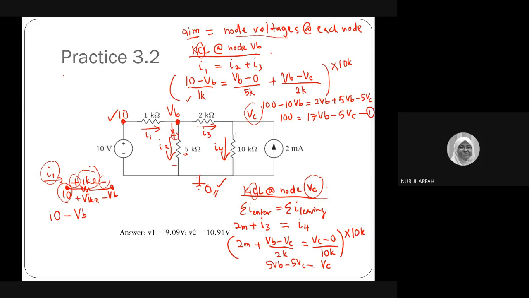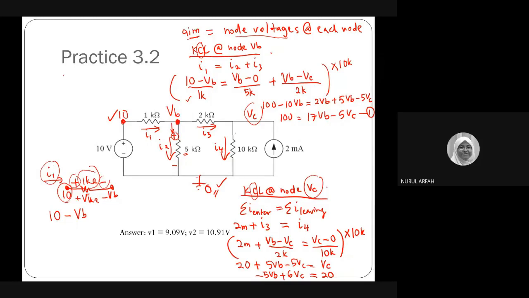Milli with kilo, you can cross, and then you have 20 and you have 10 plus. So this and this, maybe you rearrange, and you have 6 VC minus VB.